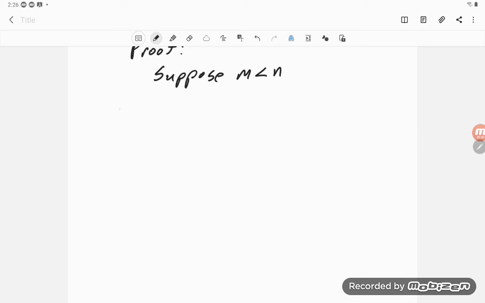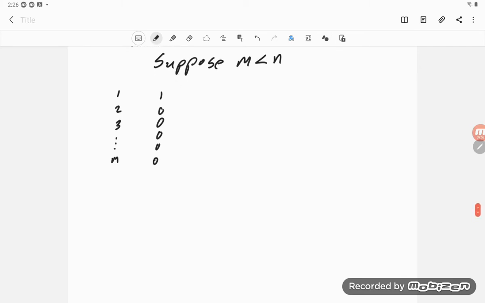So here are my rows, 1, 2, 3 to m, and I'm going to have a 1 with a bunch of zeros down like that. And now I may have a 2 there and so forth, and maybe a 0 there.